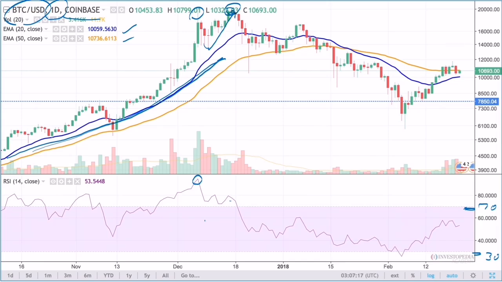Even though prices went higher than the prior peak, the RSI diverged. The reading was lower than the previous reading on the RSI. This tells me that the trend is in trouble because there is not as much bullish sentiment as there was at the previous price high. And what happened after that? The price of Bitcoin dropped about 60%.